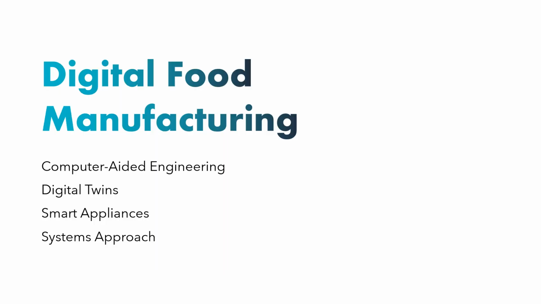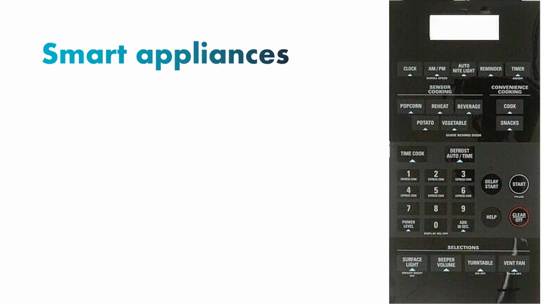Another area where models can be useful in the context of digital food manufacturing is smart appliances. And we see them all the time when you have an oven at home that has these buttons for different types of food and so on.